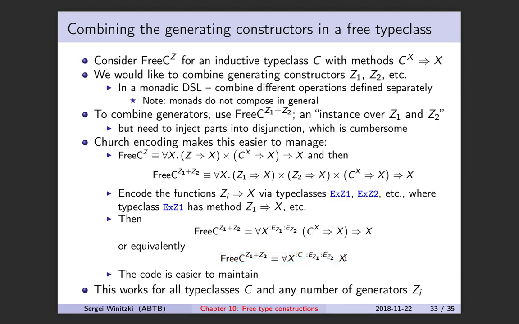So in this form, it is easier code to maintain. At the same time, we find that this definition actually works for any number of generators and for any type class C. It's a general formula for a church encoded free instance of type class C generated by any number of given types. So in this very concise form, it's very easy to implement as well.